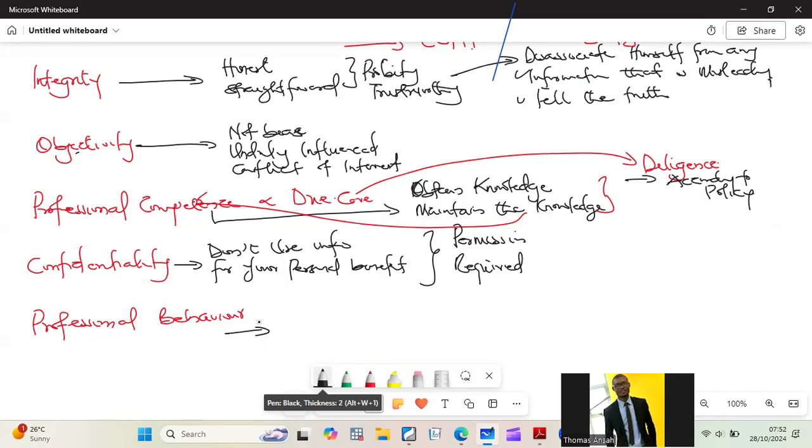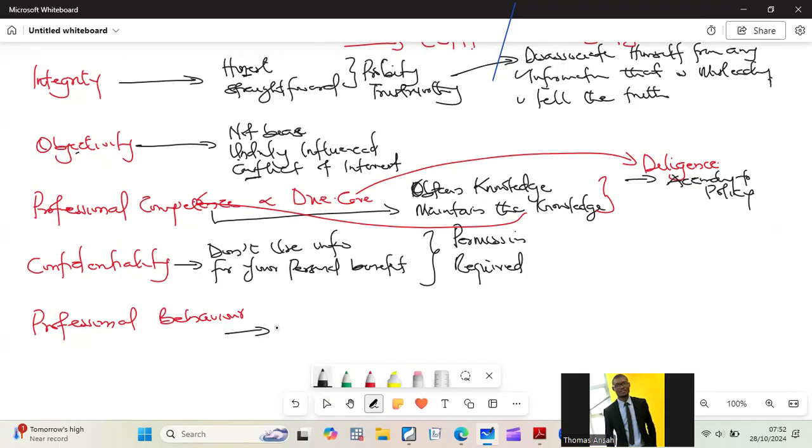You see, that statement means that if you are not honest, somebody can say that. If you have a conflict of interest that compromises your objectivity, somebody can say that. If you are not professionally sound, somebody can say that. If you disclose information you were not supposed to, somebody can say that.